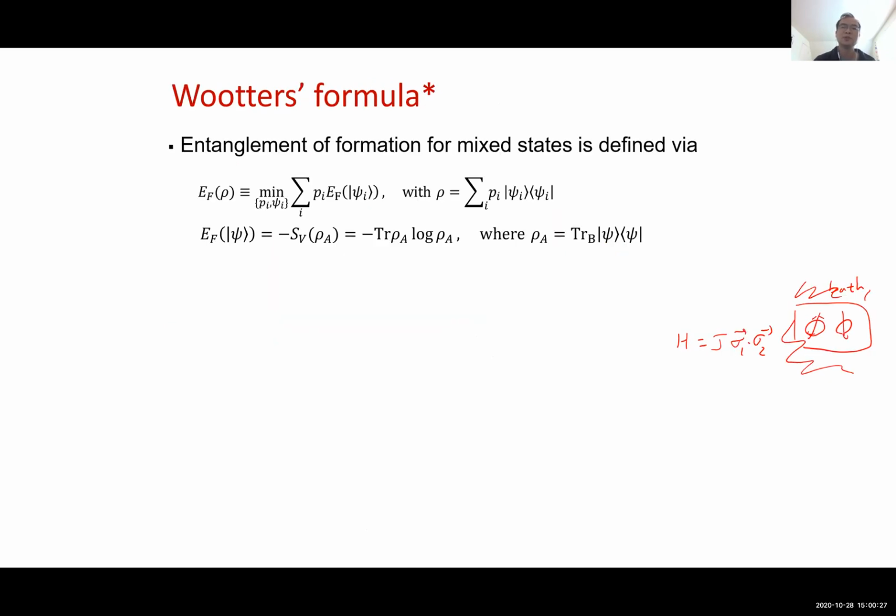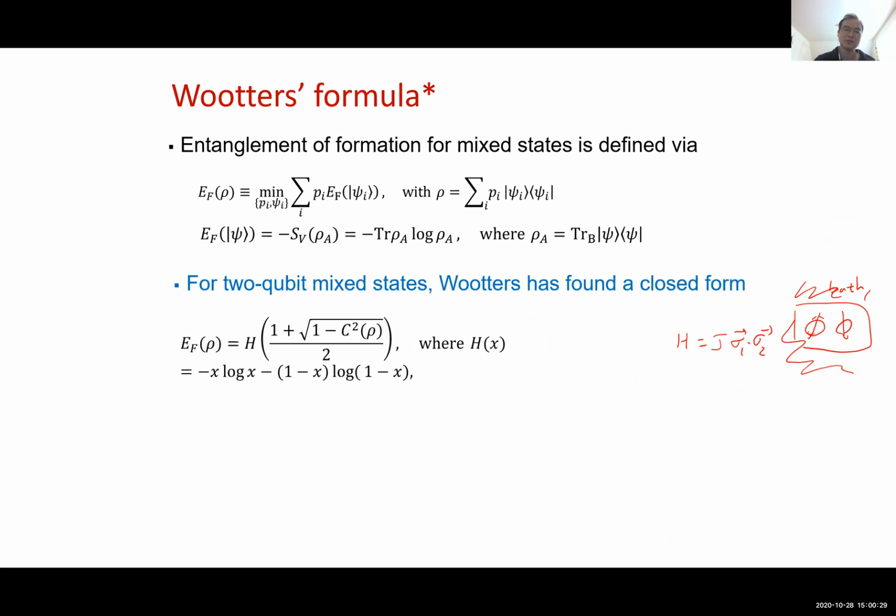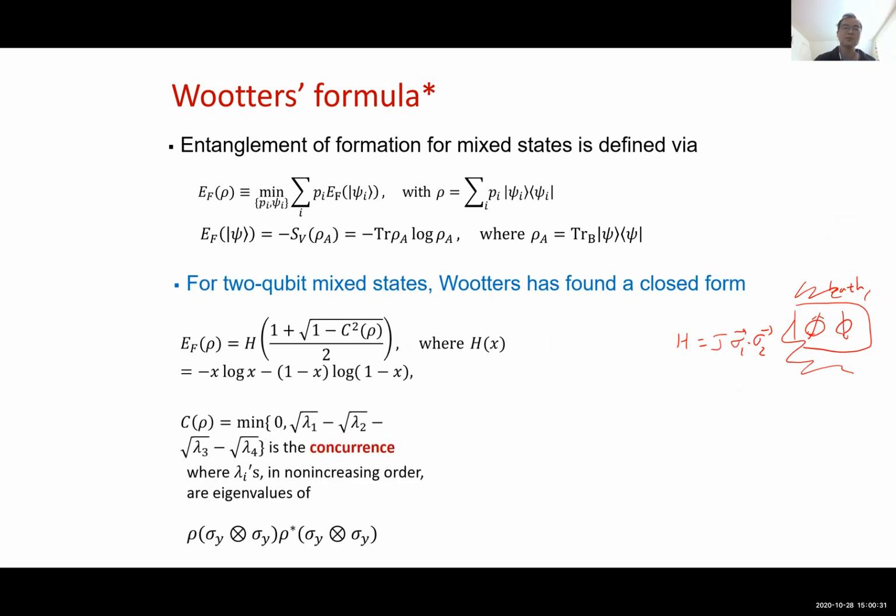Yeah, so this is Wootters formula. Let me just remind you. So I already showed you the concurrence is this for mixed states. And these lambdas are eigenvalues of the product of this density matrix and this time-reversed one. And as I said, the entanglement of formation is a function of concurrence, and that's the exact expression here.